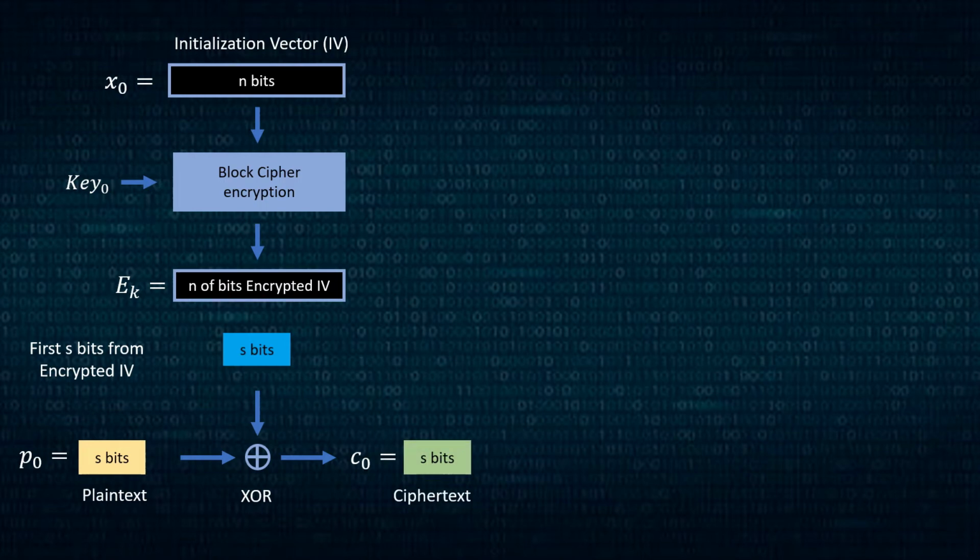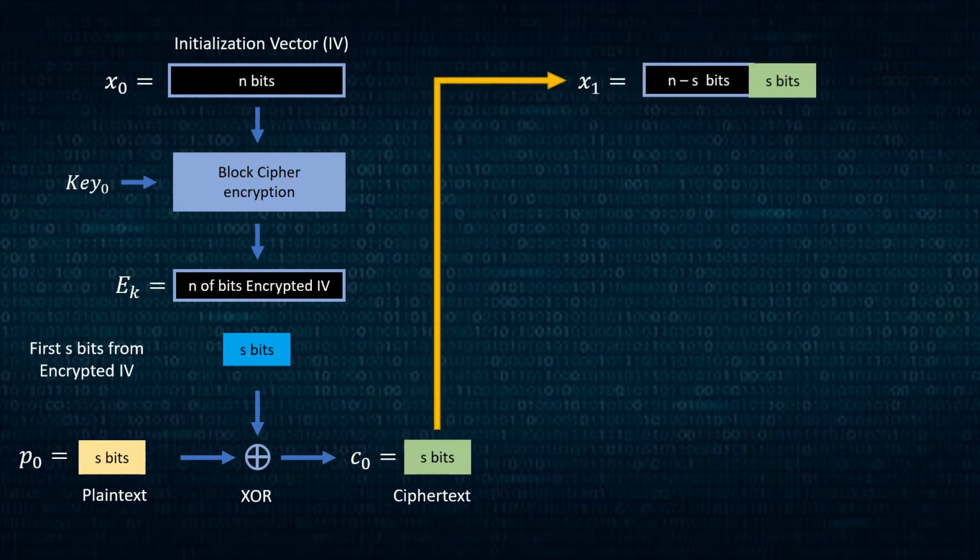Now here comes the second cycle, this is the most important step in CFB. For the second cycle, we discard the first s bits from the previous x value, which is x0 in this case. Then perform the left shift. Now we have only n-s bits, which is not enough for the operation. So, we concatenate with the ciphertext produced from the previous cycle.